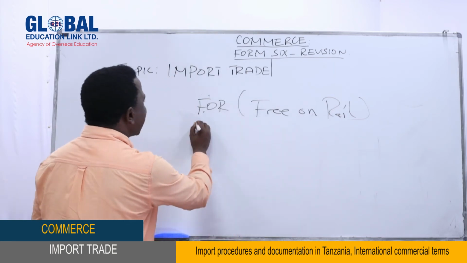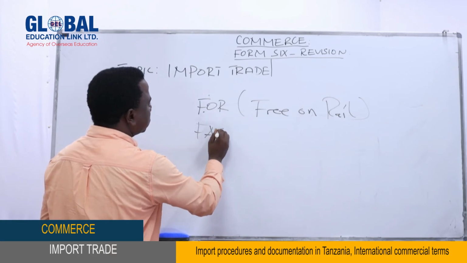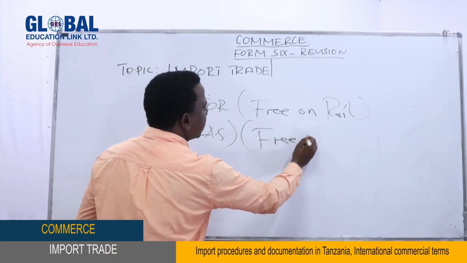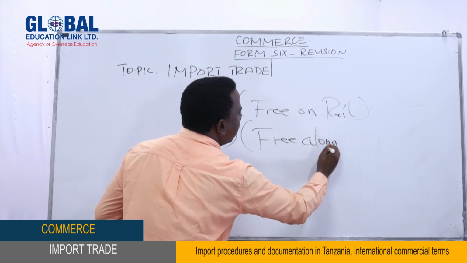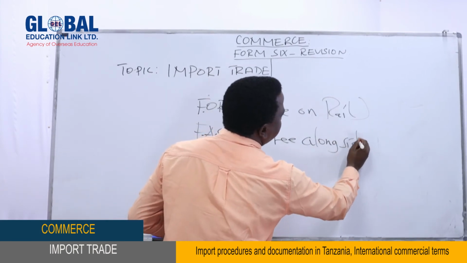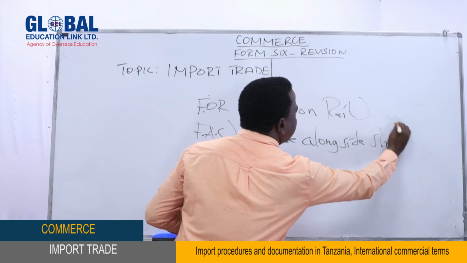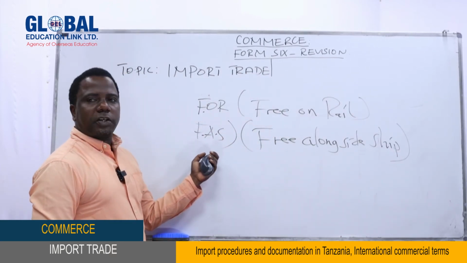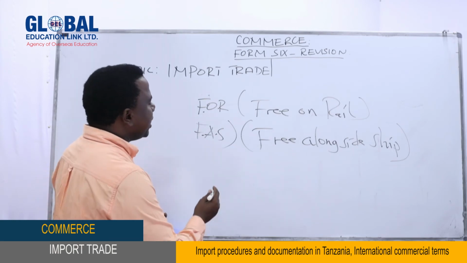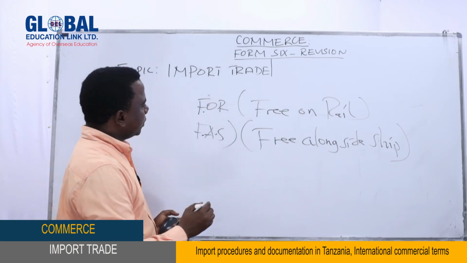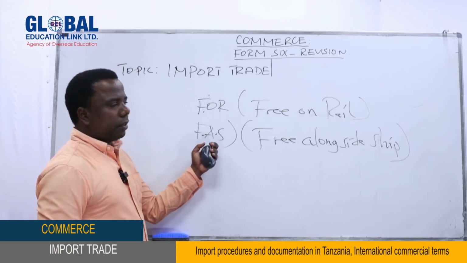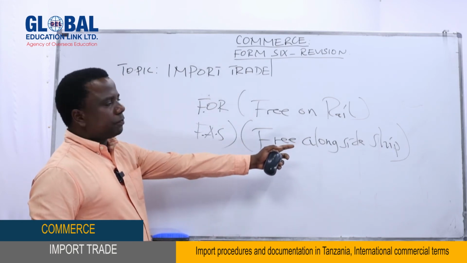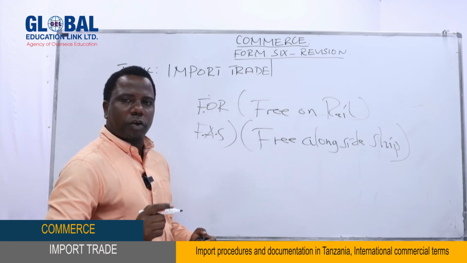Now when you come to FAS, this is free alongside ship. Under this one, an exporter should incur those costs until goods reach alongside the ship, which means at the port.